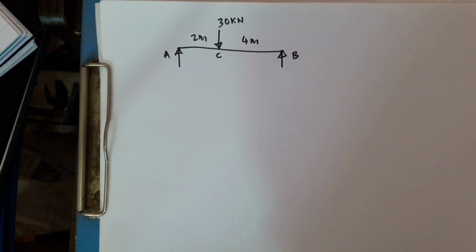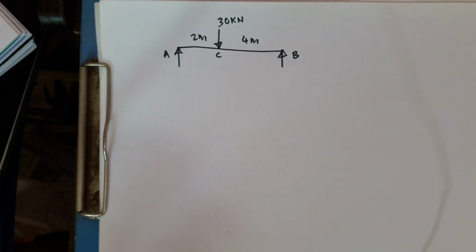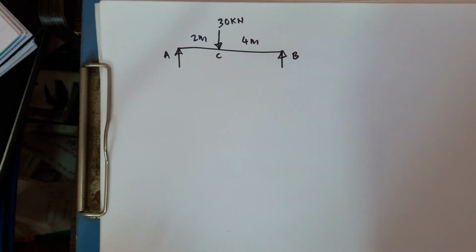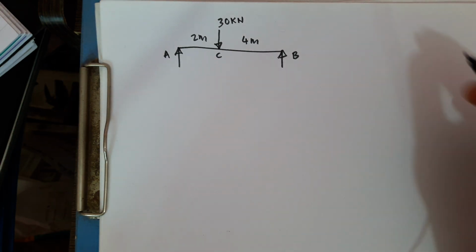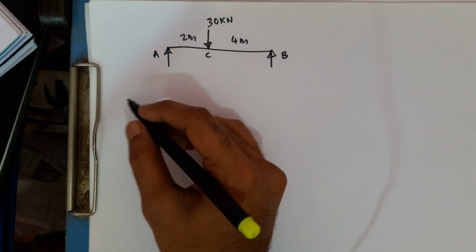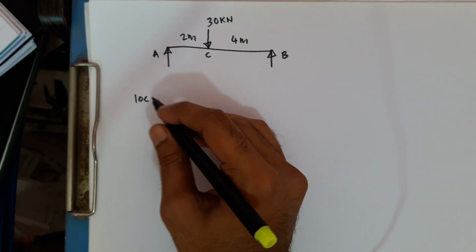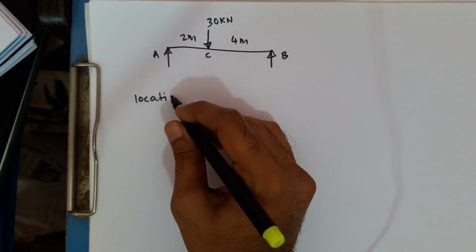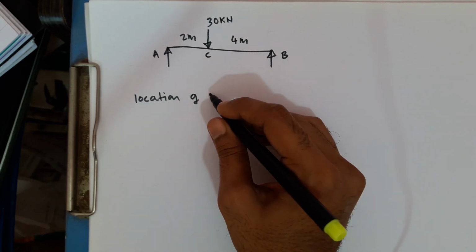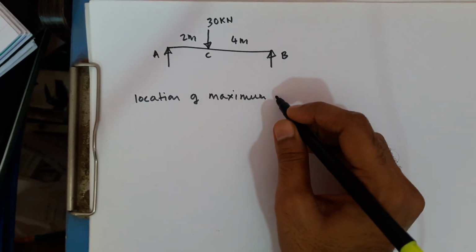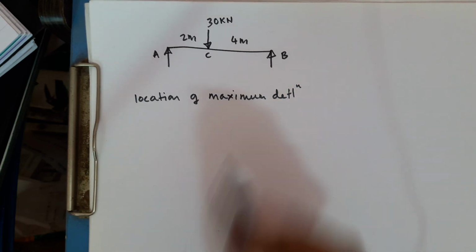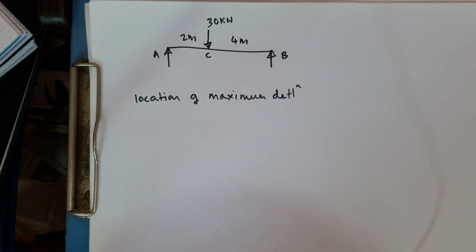Hello everyone. Here we have a simply supported beam subjected to a point load which is not at the center. For this problem we have to determine the location of maximum deflection, meaning where the maximum deflection will occur.